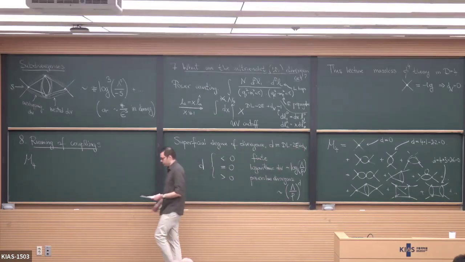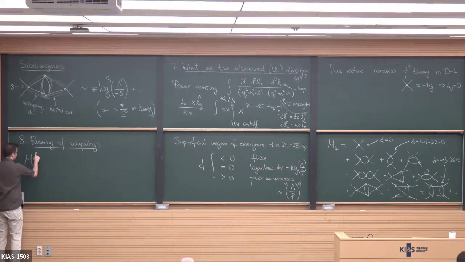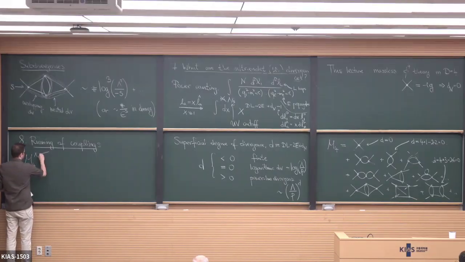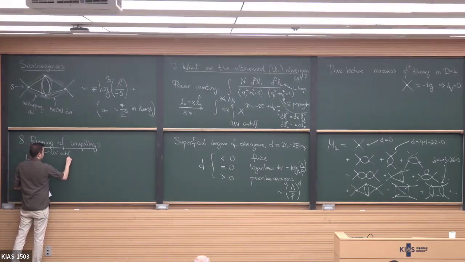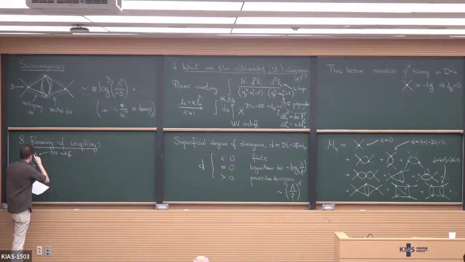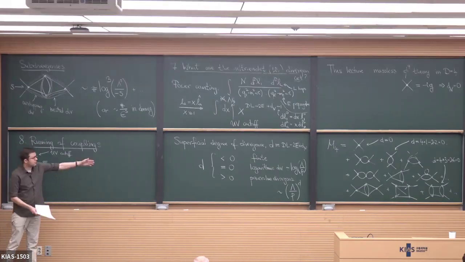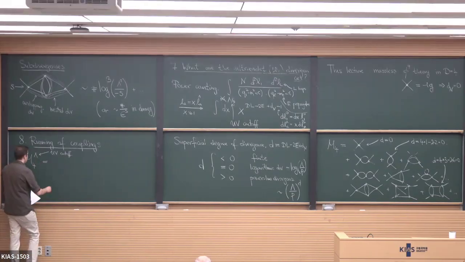So that means I have to introduce my regulator, my cutoff. Let me emphasize that here using notation similar to what we've done in the last lectures. Now the meaning of lambda is the highest scale in the problem, and it's going to correspond to the UV cutoff, as I said before. Let me write down the general structure of what we expect to see, basically translating the pictures on that blackboard over there into equations.